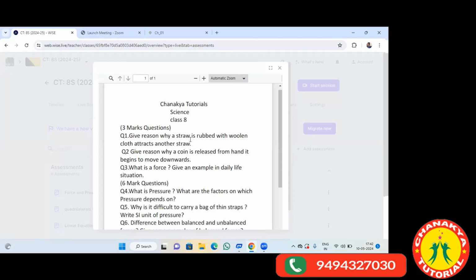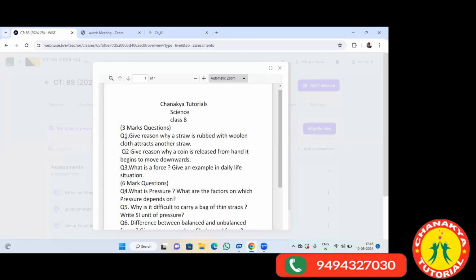When the straw is brought near another straw, it attracts the other straw because of the electrostatic forces of attraction. You need to explain two points. In the first point, you need to explain that there has been transfer of charges from the woolen cloth to the straw.